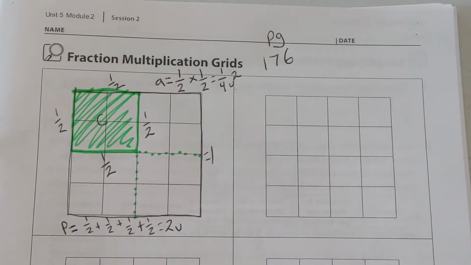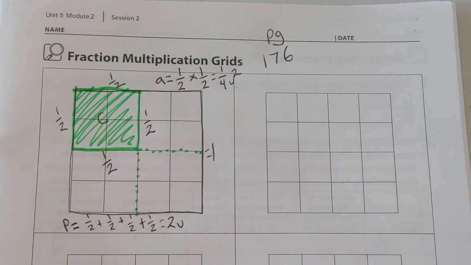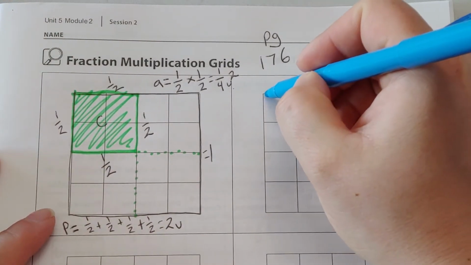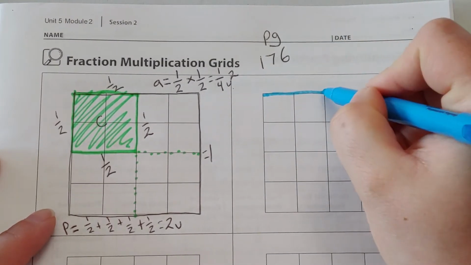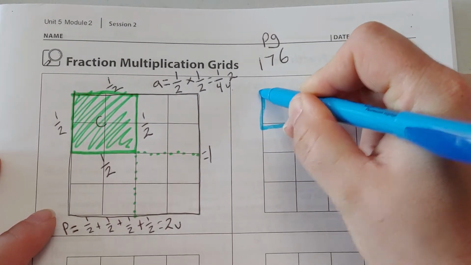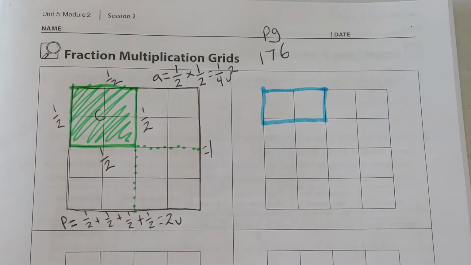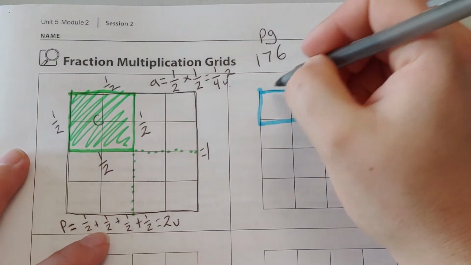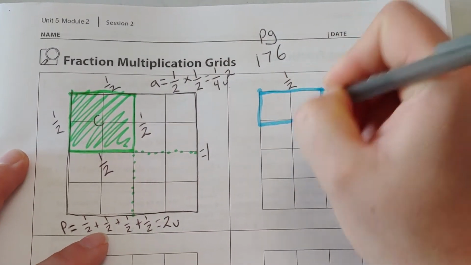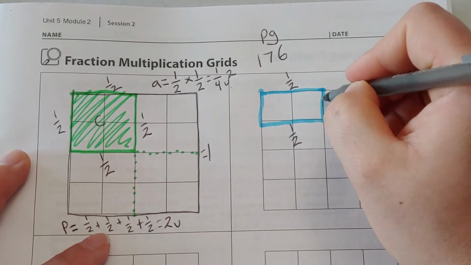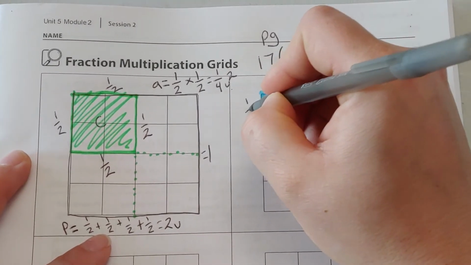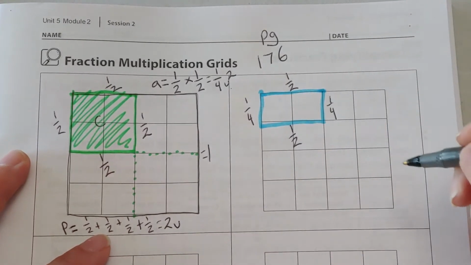Let's take a look at another one. How about this one? Find me the dimensions for that rectangle. Dimensions, the side lengths. Again, I see 1/2, 1/2. I see 1, 2, 3, 1/4, 1/4.